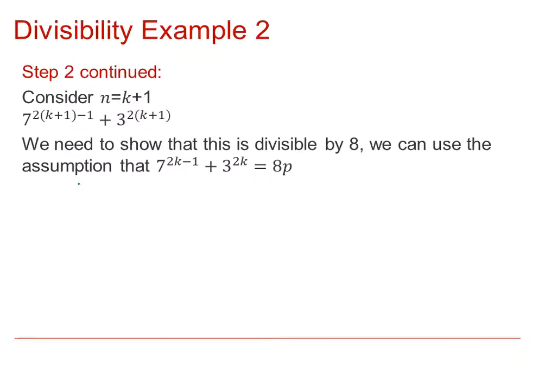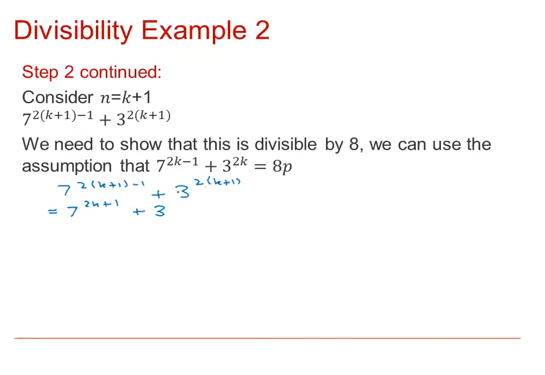So let's start off with our k plus 1th expression. So just writing this out carefully. This is the thing we're trying to prove is divisible by 8. So the first thing we can do is tidy up those indices. So this first one is 2k plus 2 take away 1, so that's 7 to the 2k plus 1.